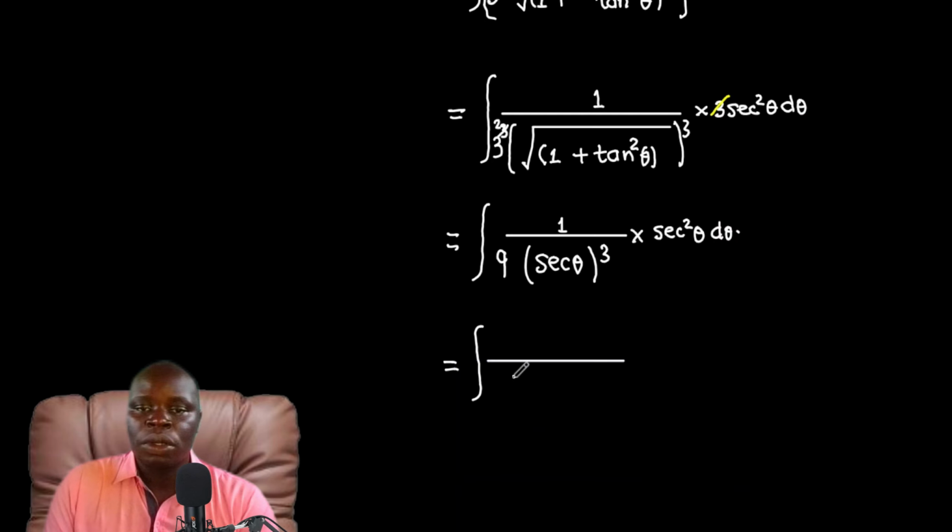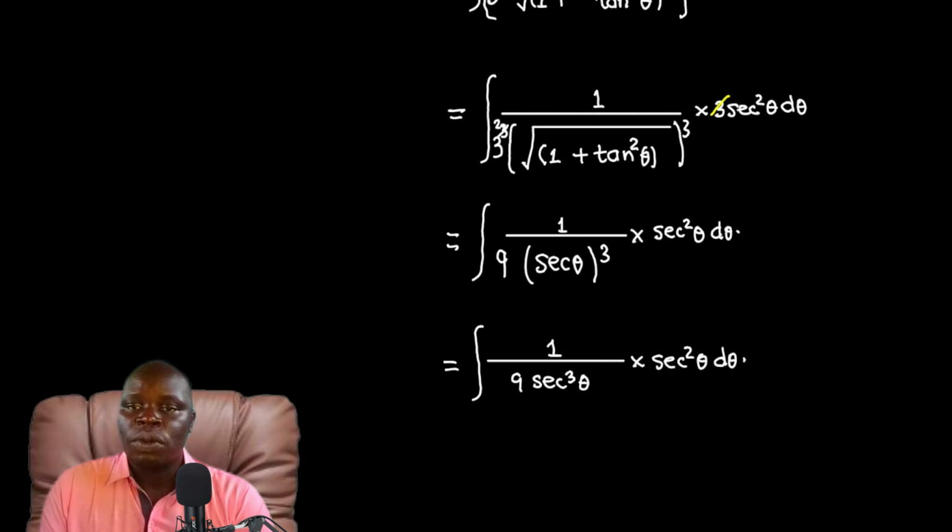So we have secant cube theta times our secant square theta d theta. So also the numerator is still 1, and also we can cancel out this one with 2 of this one, and we are left with only 1.